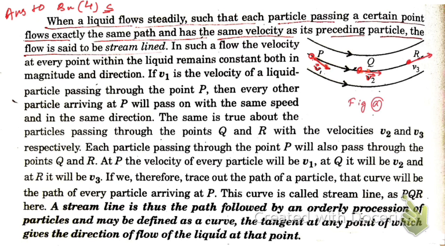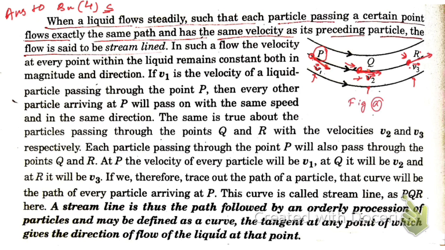So now you see, though we have seen 3 different velocities, when the particle at R was passing the point Q, its velocity was v2.